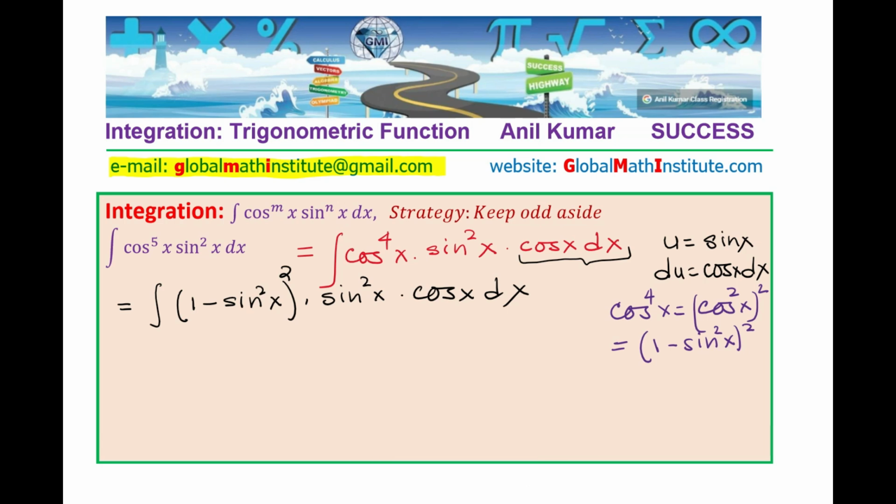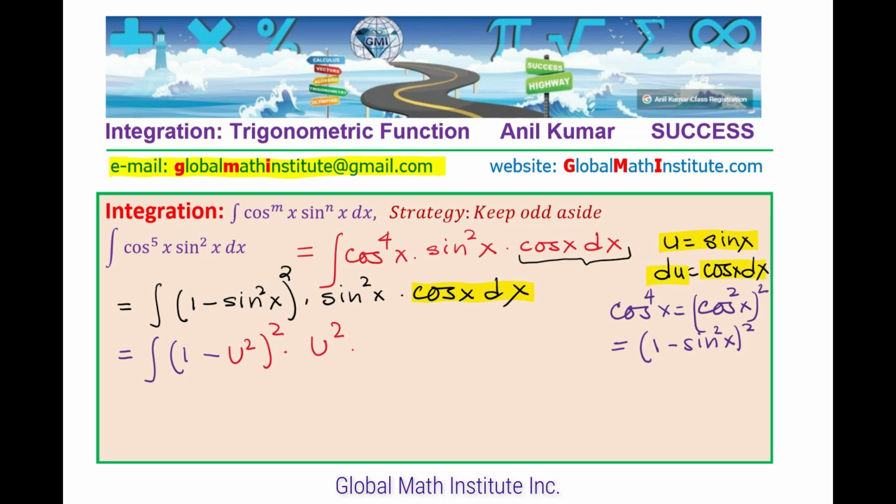So let me now substitute, right? So we have 1 minus sine square x. I'm substituting u for sine x, right? So I get 1 minus u square whole square times u square times cos x dx. Cos x dx is basically equal to du, right?